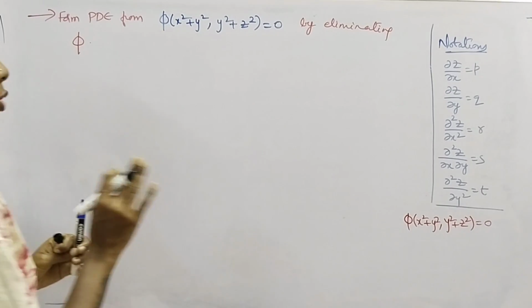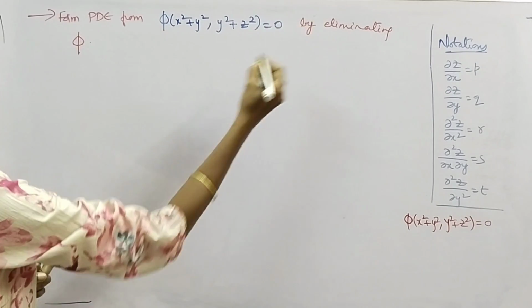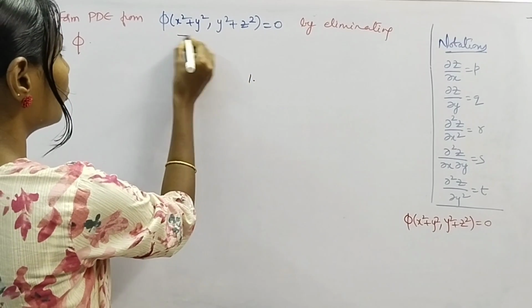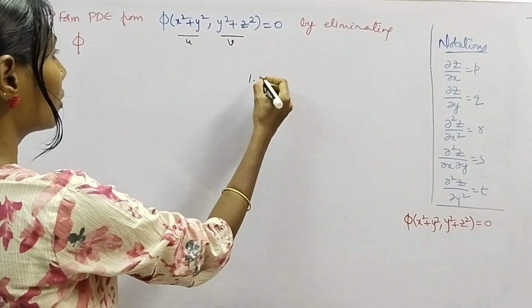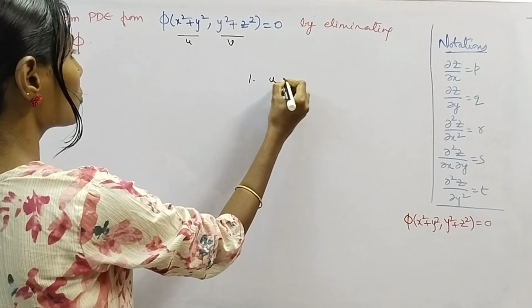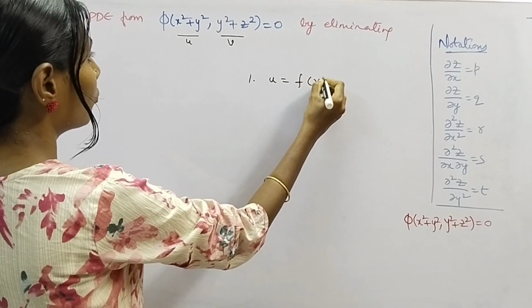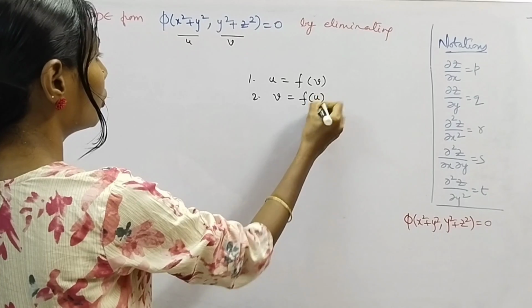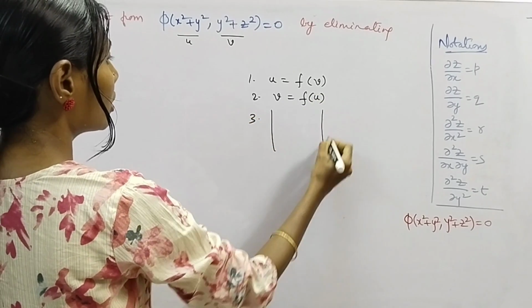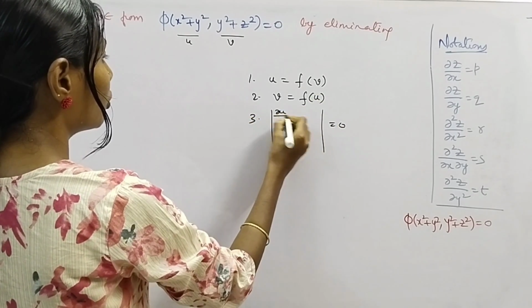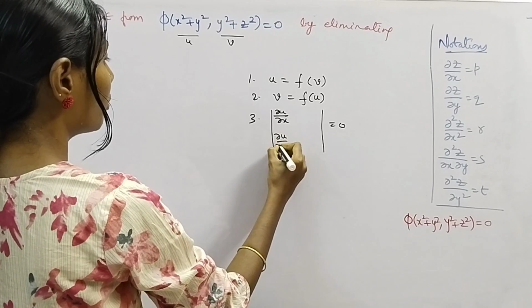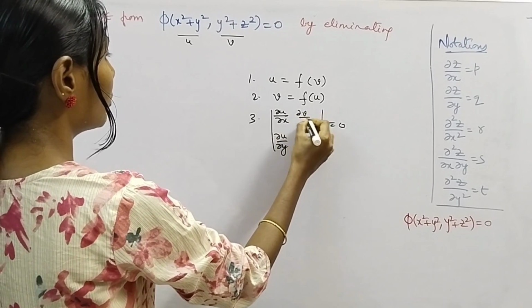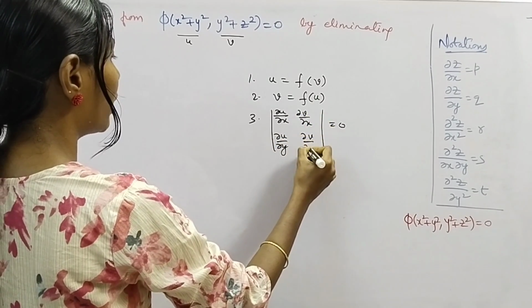So we can solve this problem using any of these three methods. First one, if you consider this as u and this as v, you can use u equal to f of v, or v equal to f of u, or the third one, using determinant form: dou u by dou x, dou u by dou y, dou v by dou x, dou v by dou y.